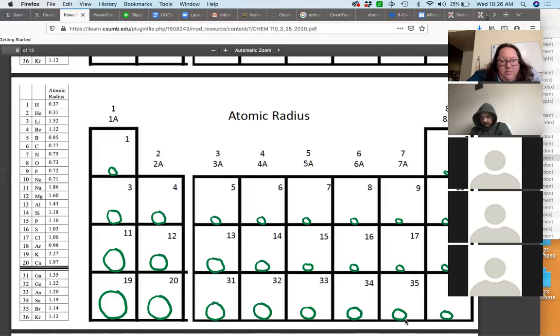So in your notes that I shared for today, and in the PDFs that came in the email, you can actually do this for any one of the trends. And one of the questions that I'll ask on your exam 2 will be for you to visualize the periodic trends. So this is a great way to practice doing that.